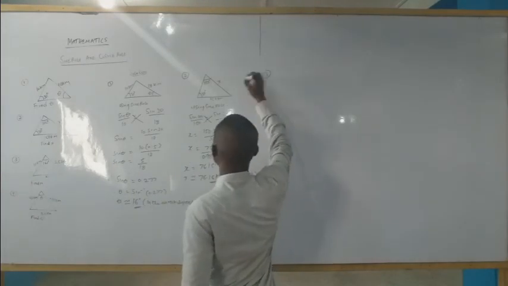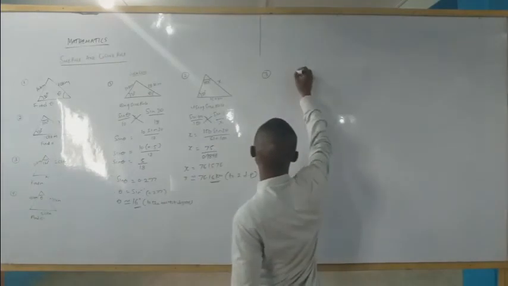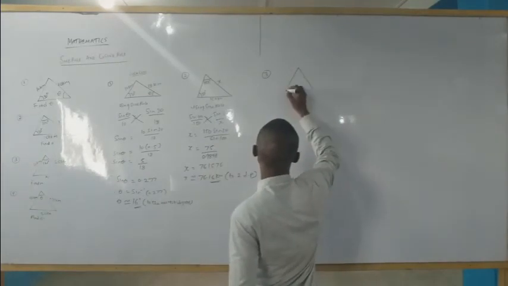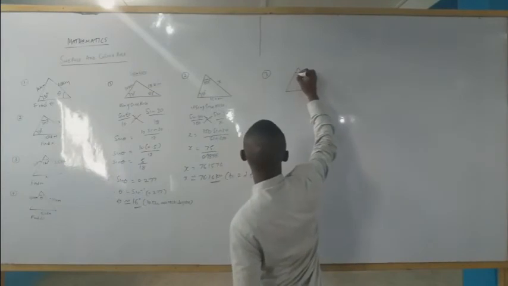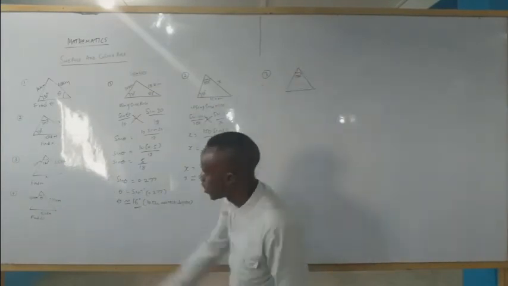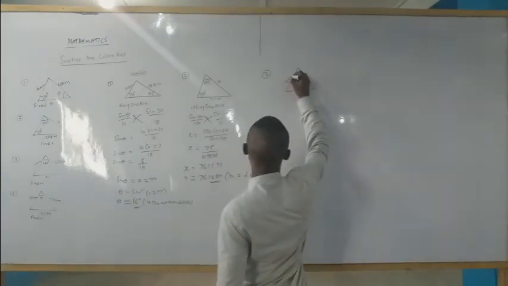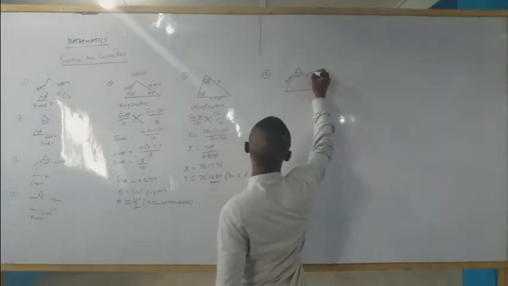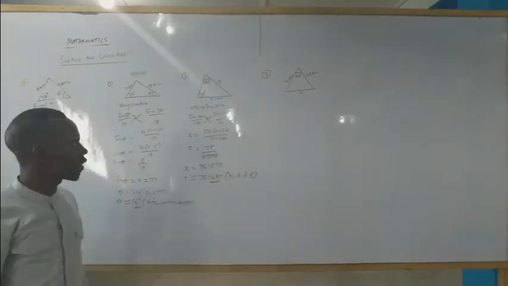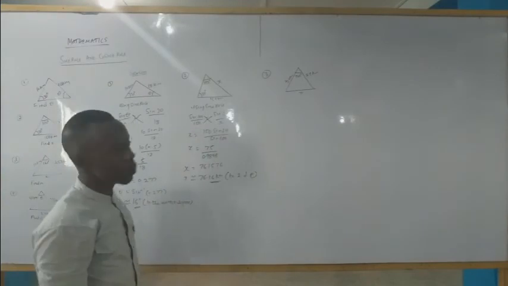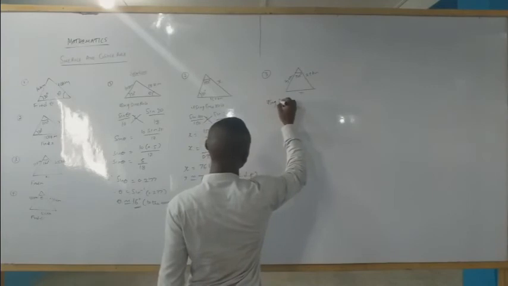Now we go to question 3. This one is typically a cosine rule question. We have 120 degrees, 30 kilometers, 25 kilometers, and we have x here. We have to find x. To get the value of x, we apply the cosine rule.